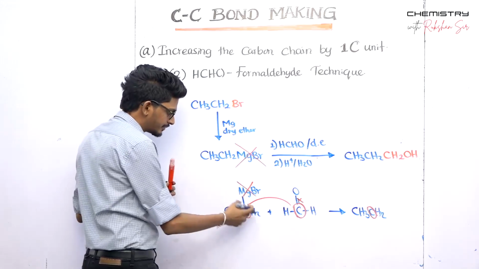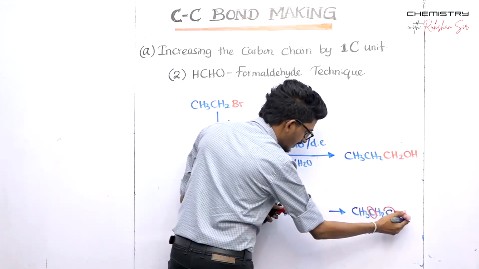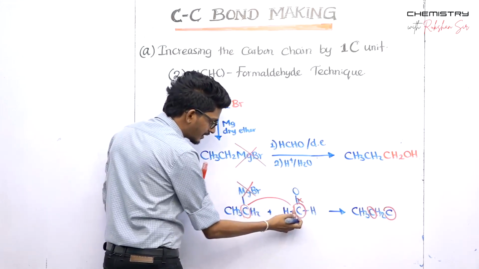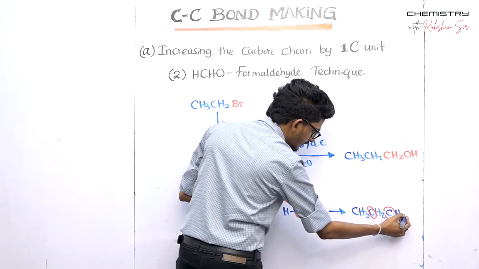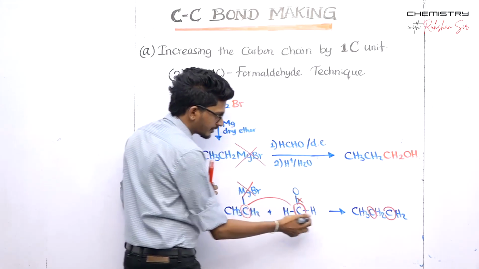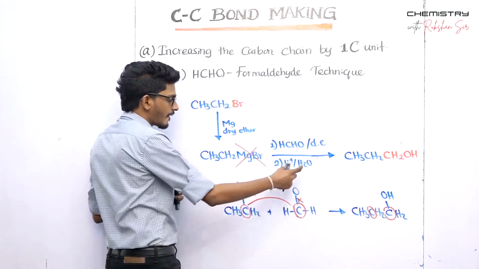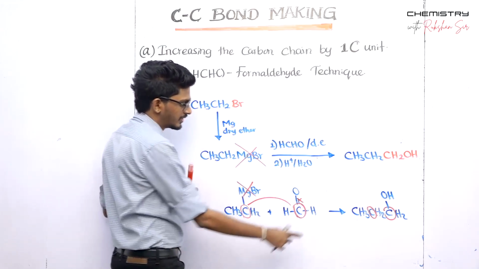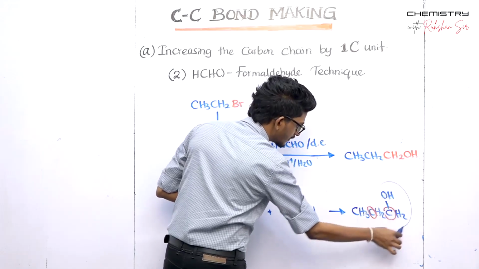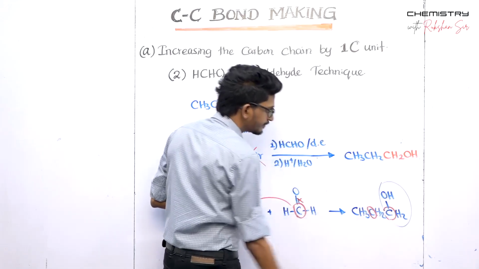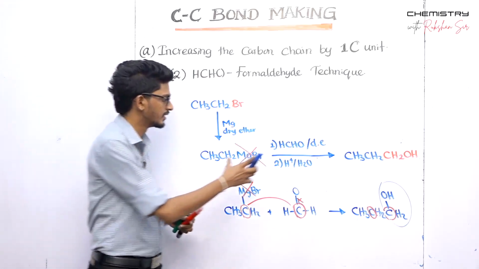To that carbon, this C is connected, and that carbon has two hydrogens. This O becomes OH after adding H plus H2O. So CH3CH2CH2OH. This is a new group added. Got the idea? That is what happened here.